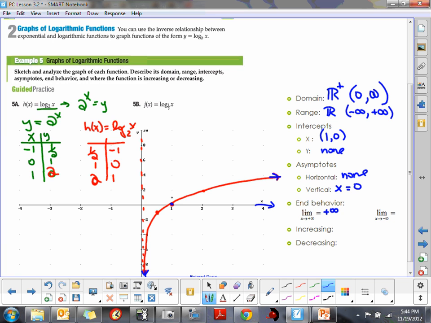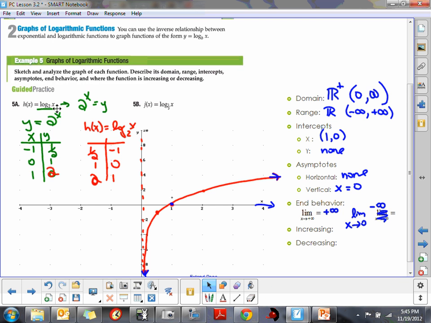Since we really don't have an end behavior towards the left of the graph, we can leave that as an omission, or there is none. So the limit as x approaches negative infinity, x doesn't approach negative infinity. The only thing that makes sense is the limit as x approaches 0, and as x approaches 0, the function goes towards negative infinity, because that's really what's going on.